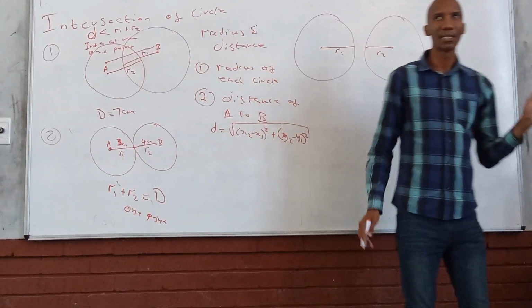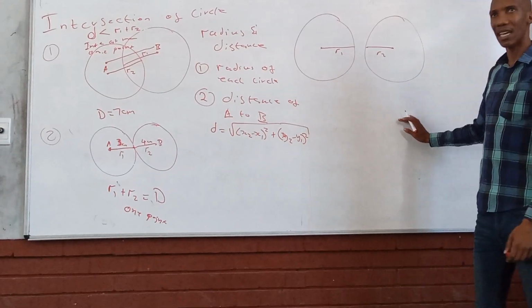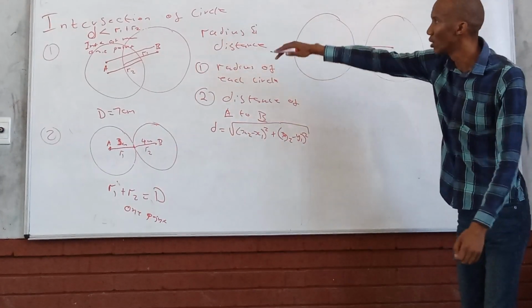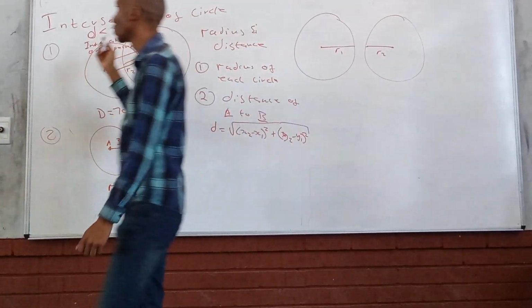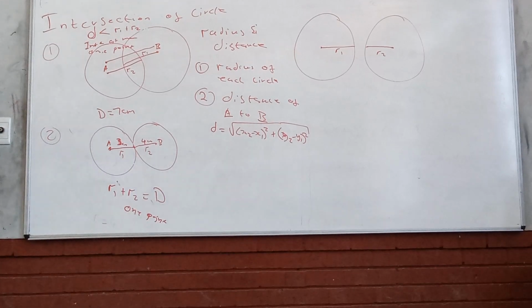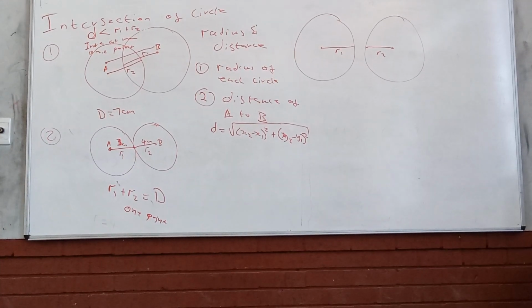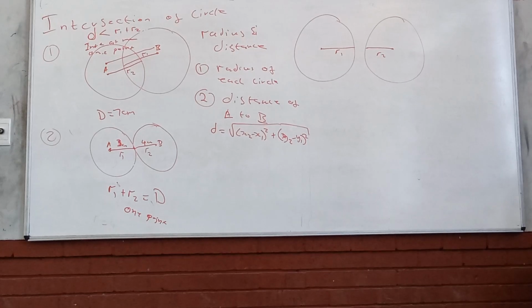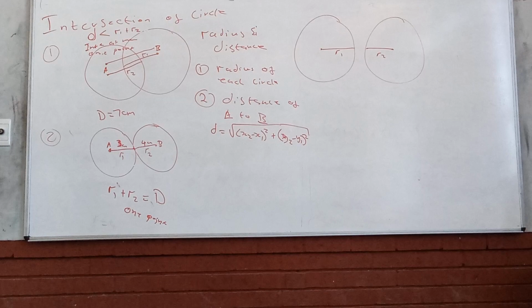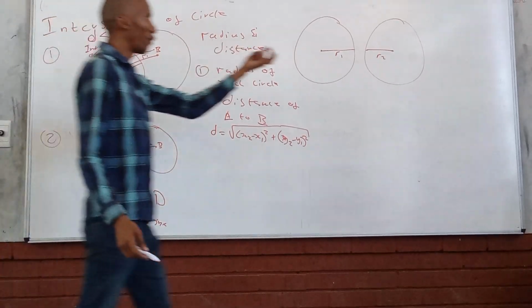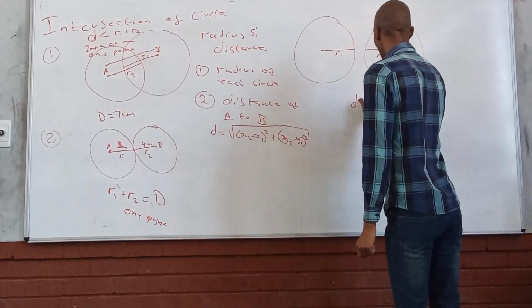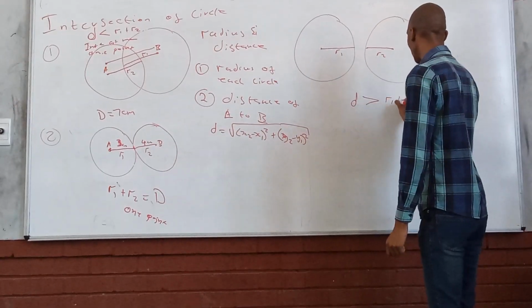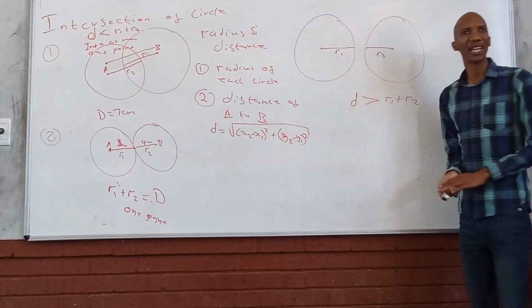This one does not intersect. What is going to happen? Here the distance is greater than R1 plus R2.